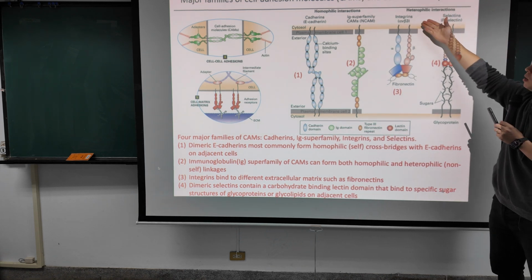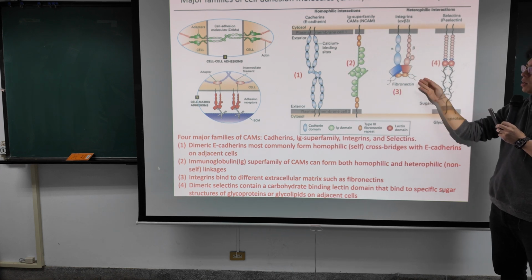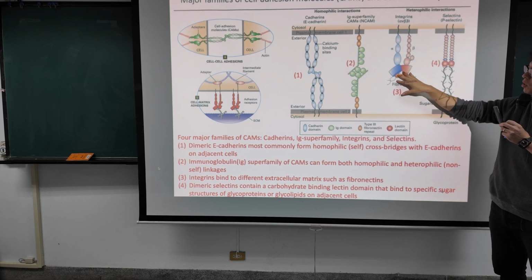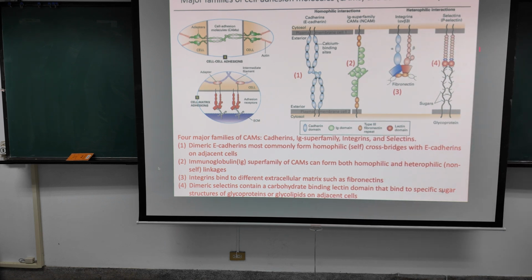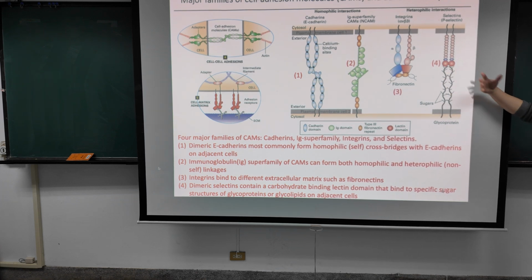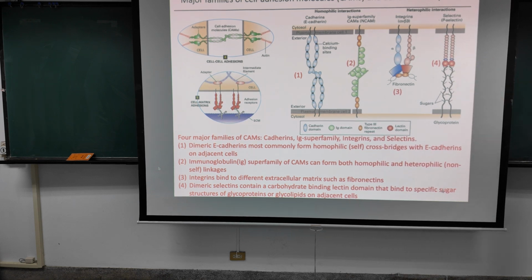For example, this cell uses integrin to interact with one kind of extracellular matrix protein, fibronectin. Because they are different, we call it heterophilic interaction. In this case, this protein uses P-selectin to interact with some sugar or glycoprotein, a protein that contains sugar. They are not the same molecule, so we call this heterophilic interaction.